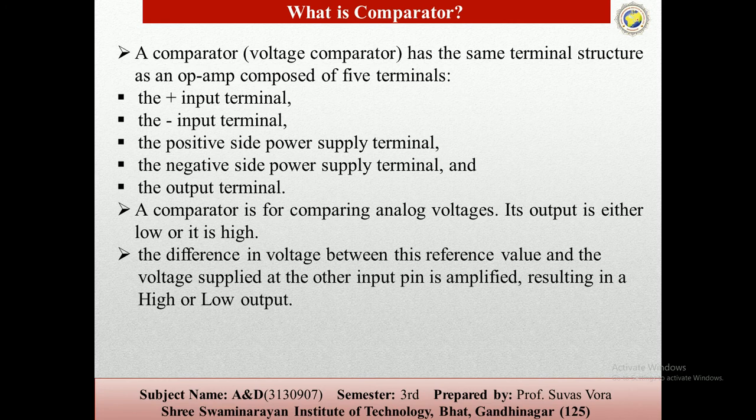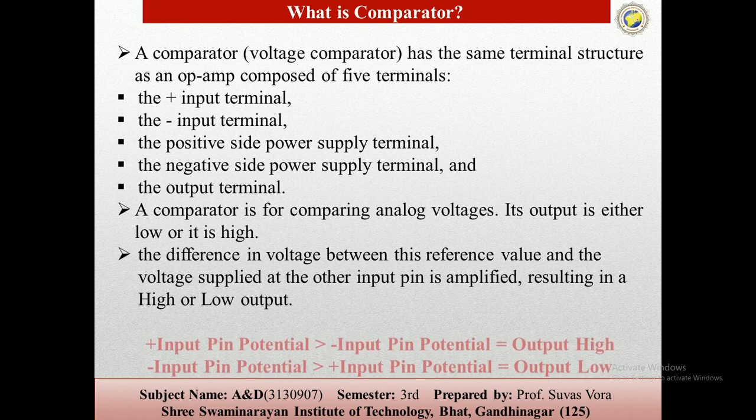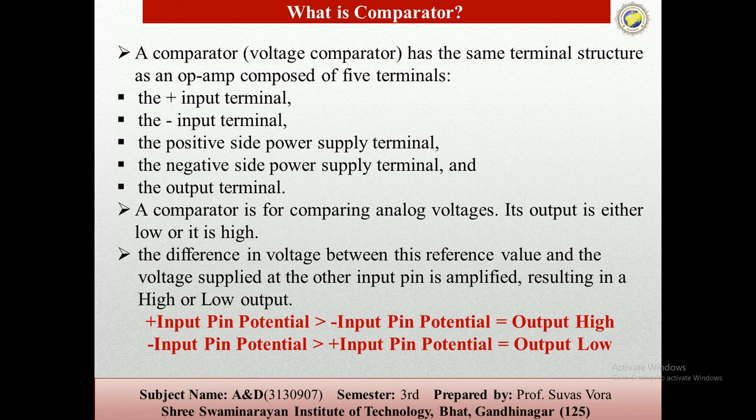The difference in voltage between the reference value and the voltage supplied at the other input pin is amplified, resulting in a high or low output. There are two main conditions. If the positive input pin potential is greater than the negative pin potential, the output is high, and if the negative input pin potential is greater than the positive pin potential, the output is low.